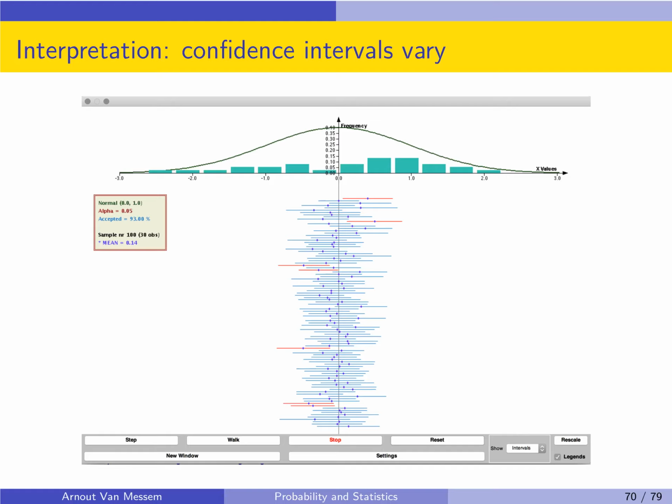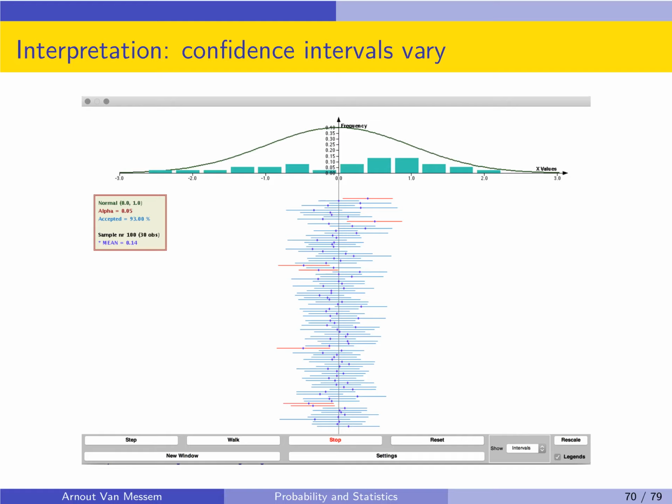For our particular case, 7 of the calculated confidence intervals do not contain 0. However, this is not in contradiction with what we said about confidence intervals. A confidence interval will contain, on average, 95 out of 100 times the true population mean. But we also know there is variation in our samples, and so it will not always be exactly 95 out of 100. In our case, we have 93 out of 100.